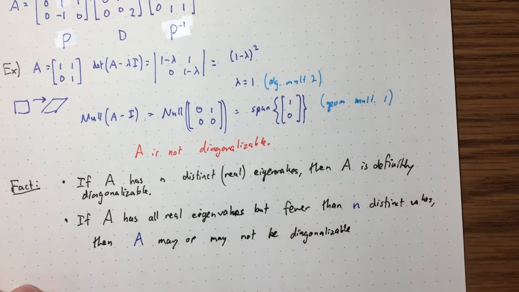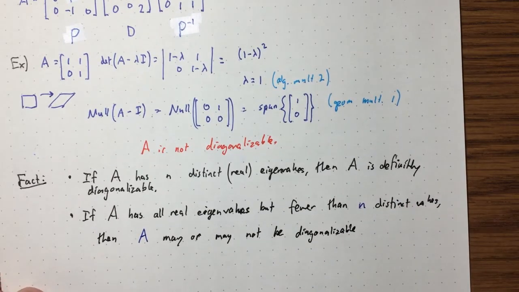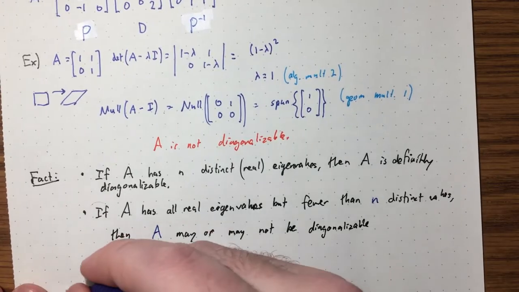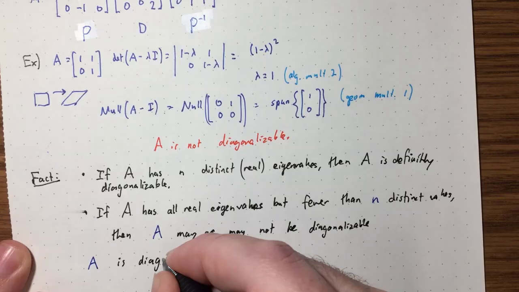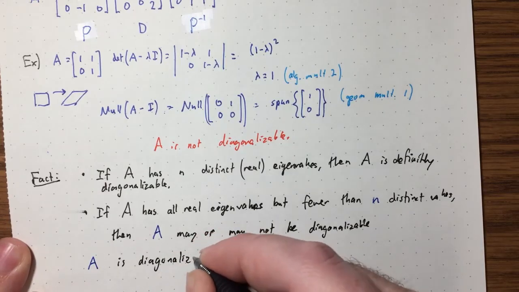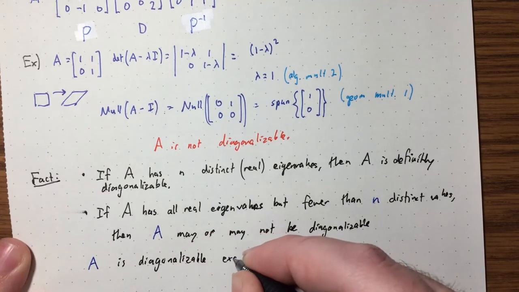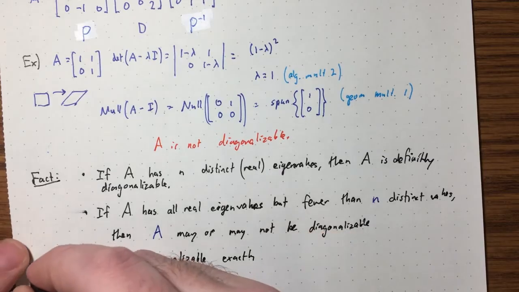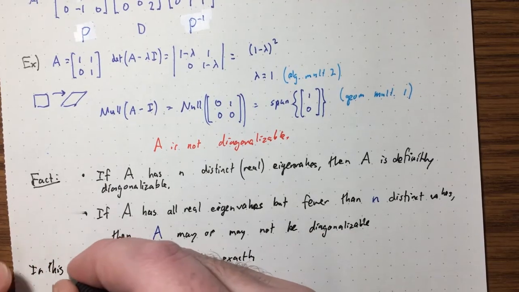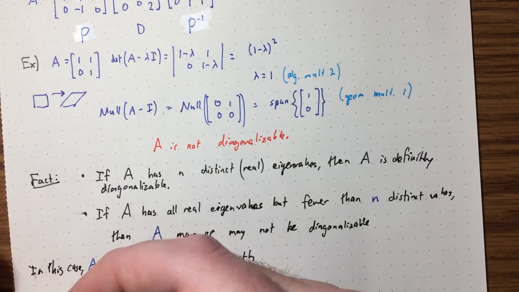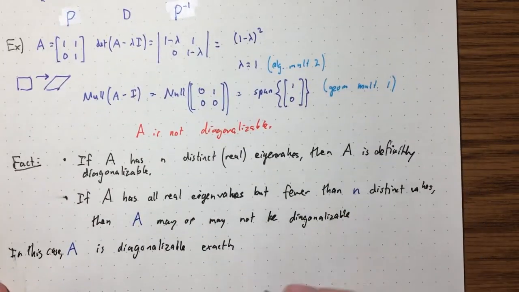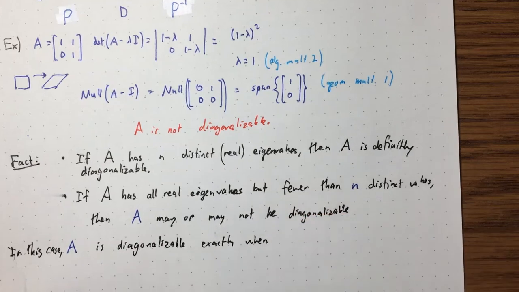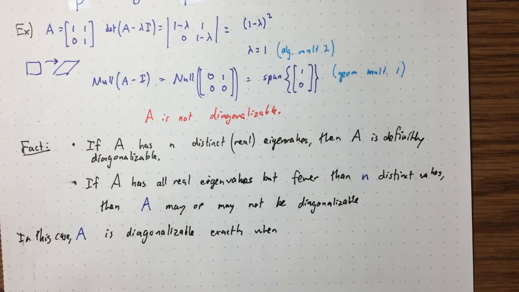Okay. So when is A diagonalizable? So A is diagonalizable exactly when, I'll just say in this case, A is diagonalizable exactly when? Can you think of what I should write?